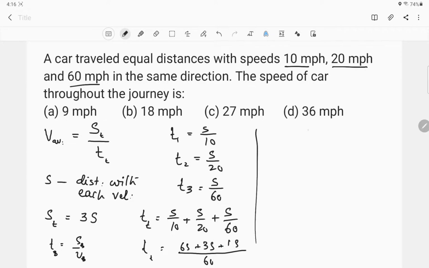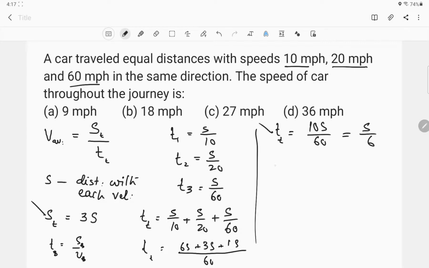So the total time is 10s by 60. We can say T is s by 6. So this is the total time, and this is the total distance.